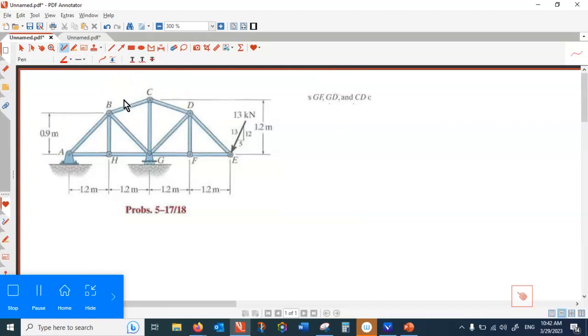Okay, so do you have any suggestion? What technique should be used? Do I need really to find the reactions, or can I do it in a shortcut way? GF, GD, and CD.